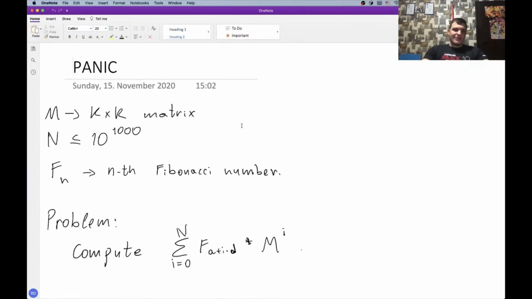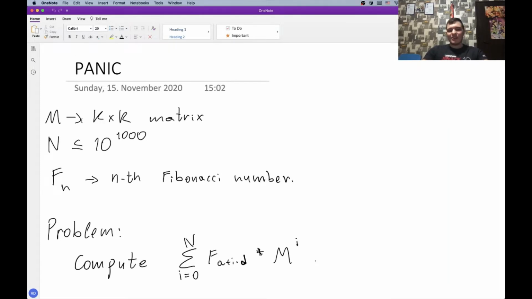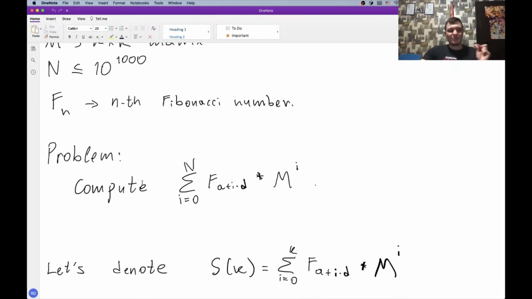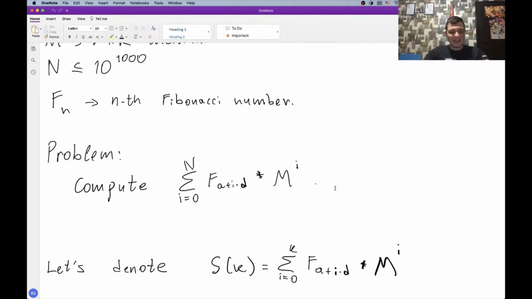All right, so we have this M, which is our matrix, a k by k matrix, and we have our n, and f of n is the nth Fibonacci number. The problem statement is simply to compute this value modulo our modulus. But I'm just going to avoid writing the modulo everywhere because it's inconvenient, and you can assume that everything is in the field modulo m.